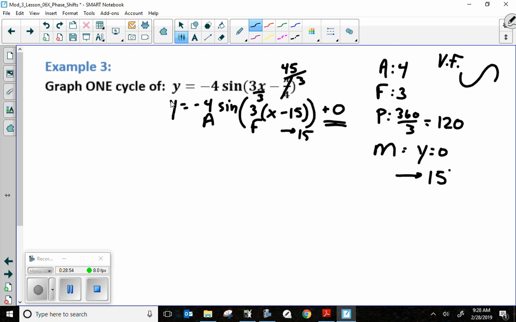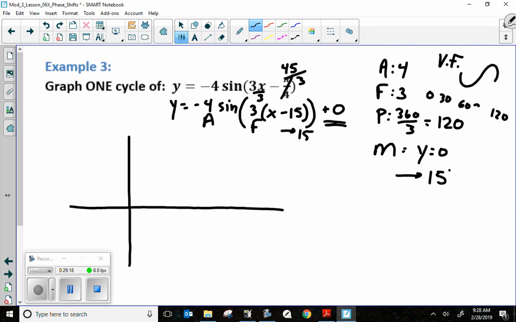All right? Now I'm going to go without sketching this. Yeah, let's do it for the sake of time. Right now on my graph, if it ends at 120, half of 120 is 60, then it's 30, and then I go to 0, and 30 and 60 is 90.